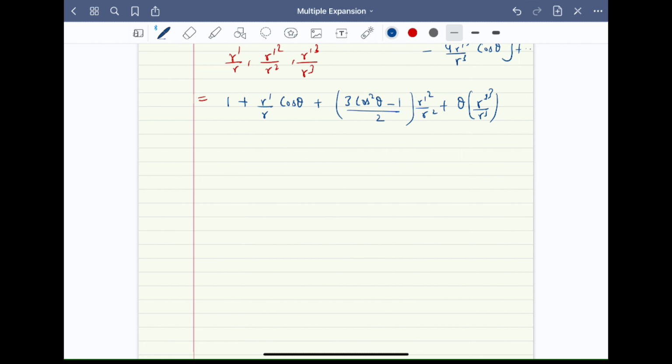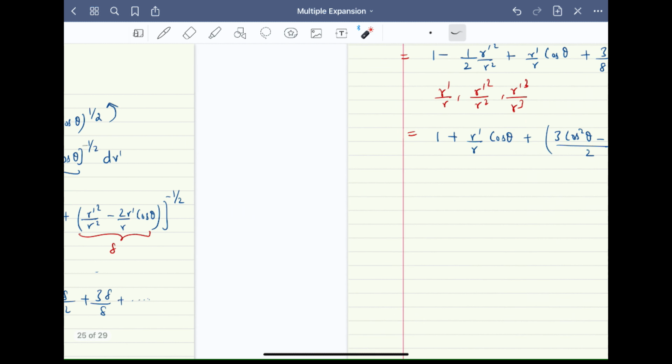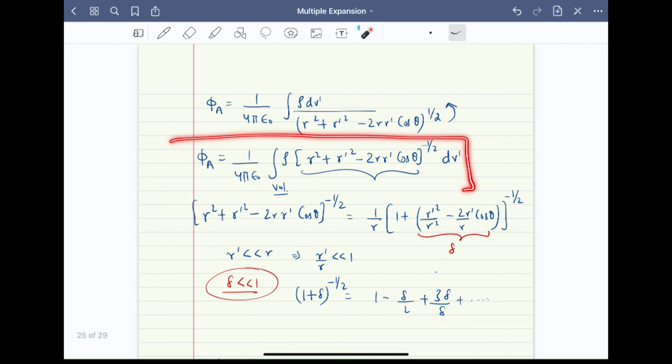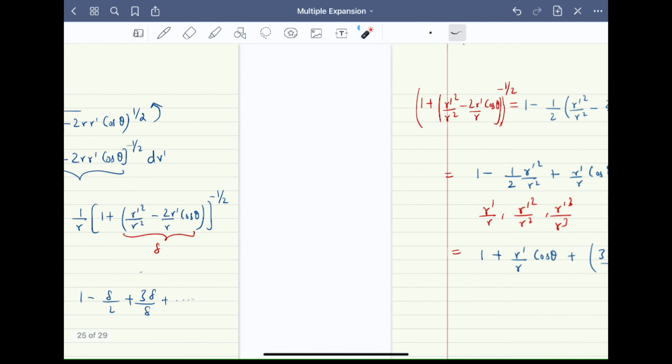So now all we need to do is insert this value that we have calculated in our previous equation, which is this. Let's do this.